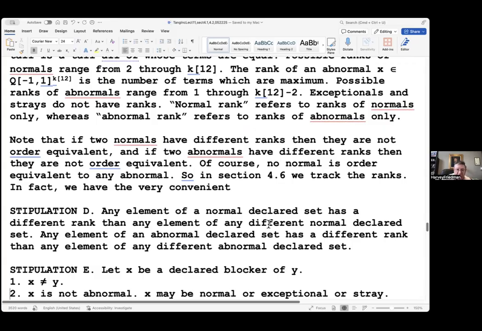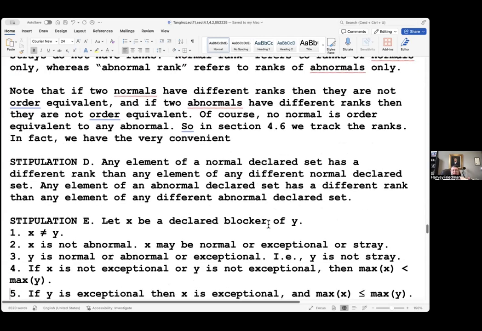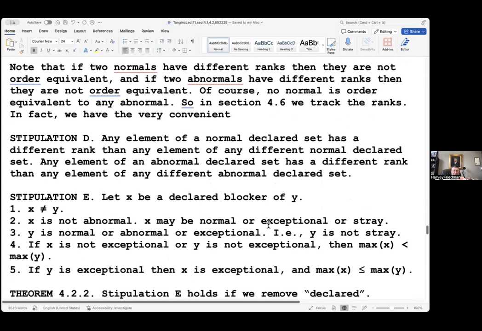And so in section 4.6, we track the ranks. In fact, we have the very convenient stipulation. Any element of a normal declared set has a different rank than any element of any different normal declared set. Any element of an abnormal declared set has a different rank than any element of any different abnormal declared set. You see, all of this stuff is designed to make sure that I don't double define the graph.